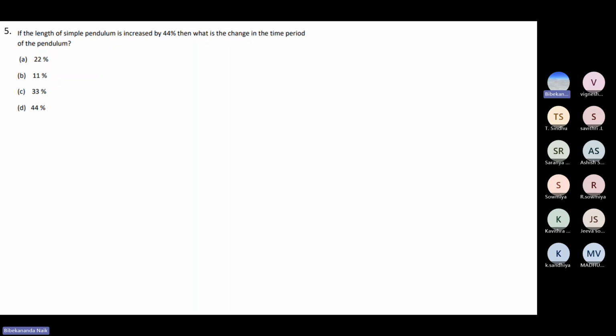So using this formula, you can easily calculate. I will be giving you a few minutes to try it, and then I will solve it. So please calculate and tell me the change in time period.